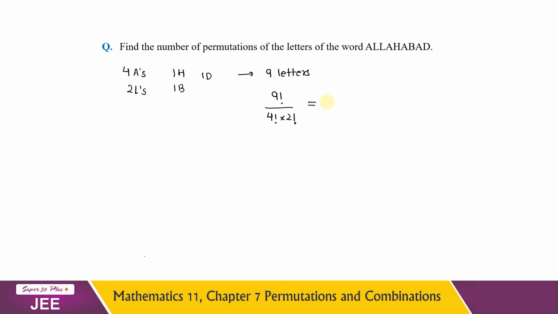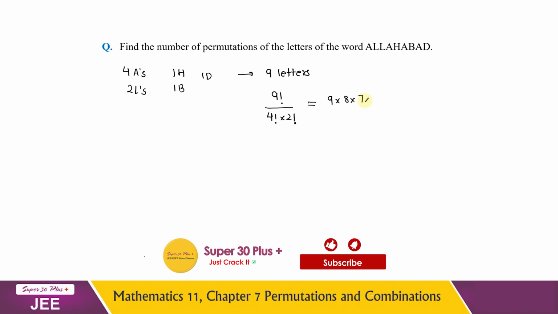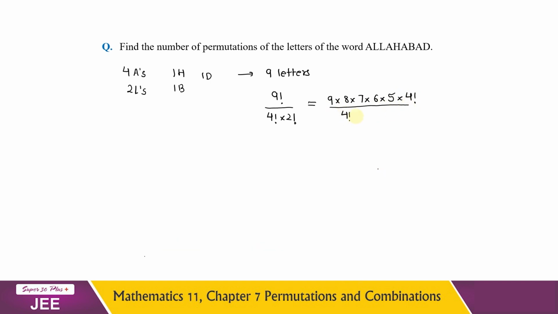Now we can do further calculation. 9 multiplied by 8, 7, 6, 5 and 4 factorial, divided by 4 factorial multiplied by 2 factorial. So 4 factorial gets cancelled off and 2 divides 8 and gives us 4.